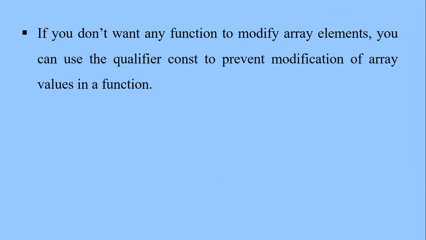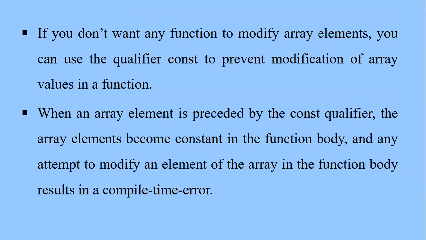If you don't want a function to modify array elements, you can use the qualifier const to prevent modification of array values in a function. When an array parameter is preceded by the const qualifier, the array elements become constant in the function body, and any attempt to modify an element of the array in the function's body results in a compile time error.